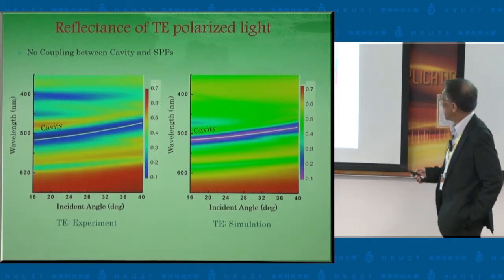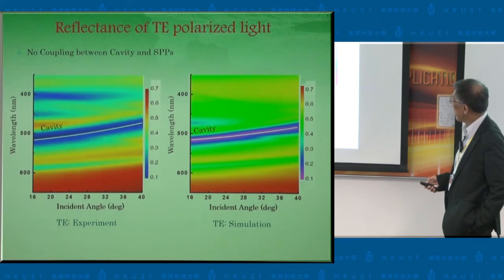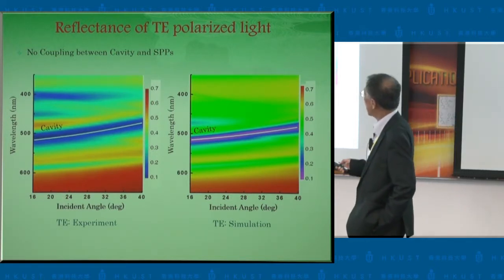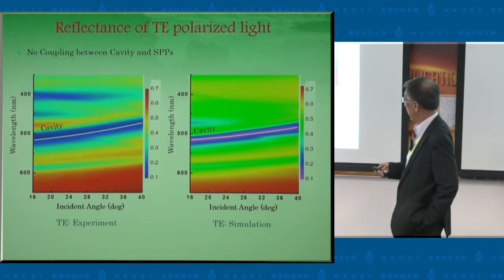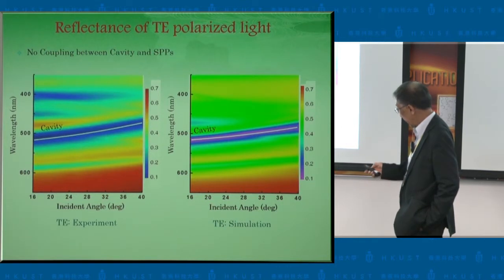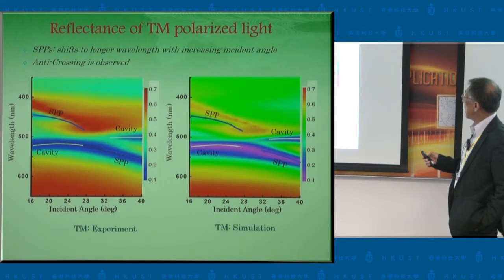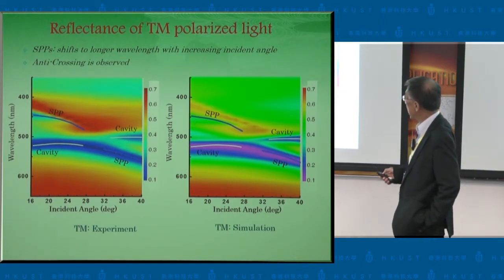Here, if you're looking at TE polarized light, you could see, in both experiment and simulation, quite clearly that there is no coupling if you are incident on the device with TE light. However, if you are using TM polarized light, then you could see a clear coupling.